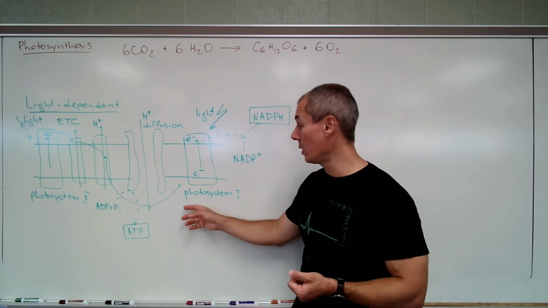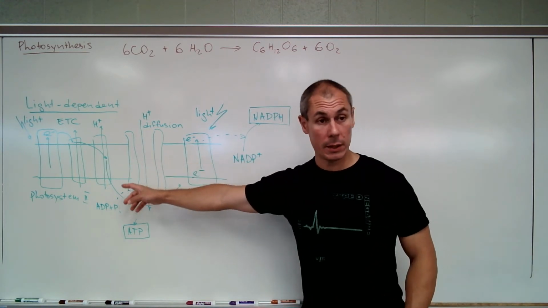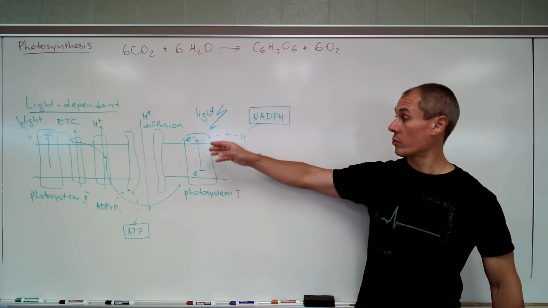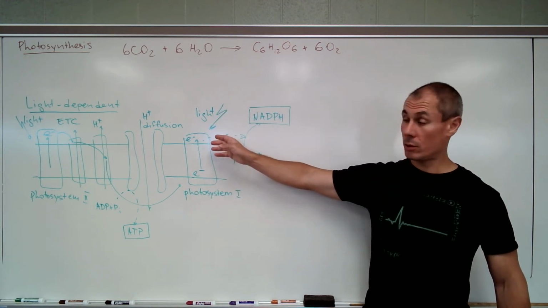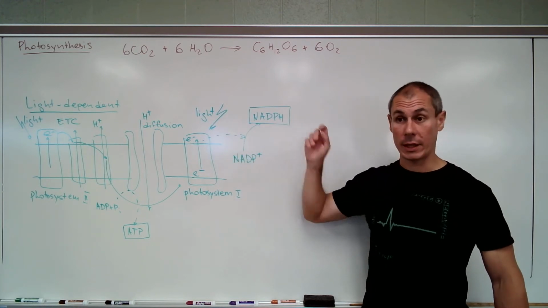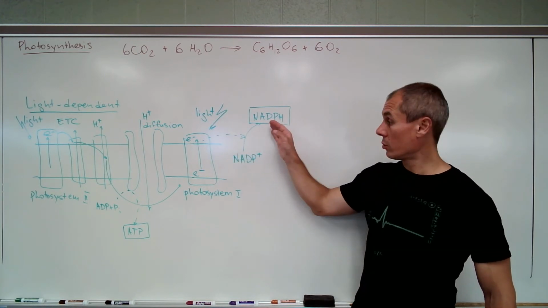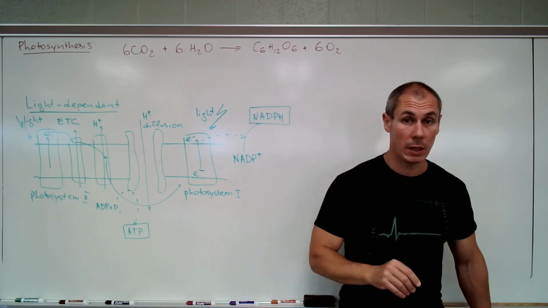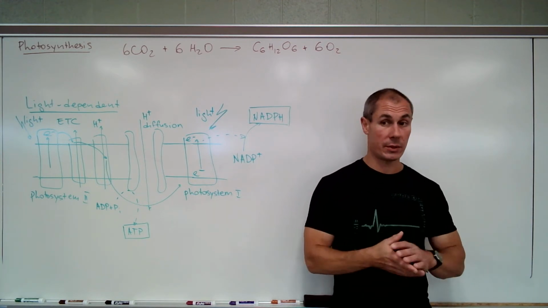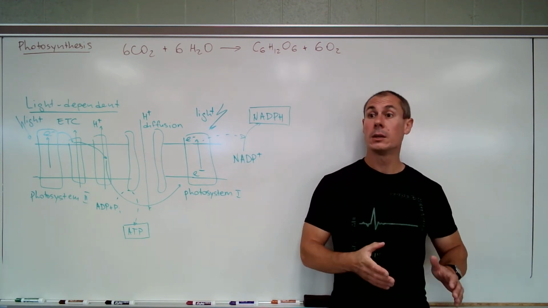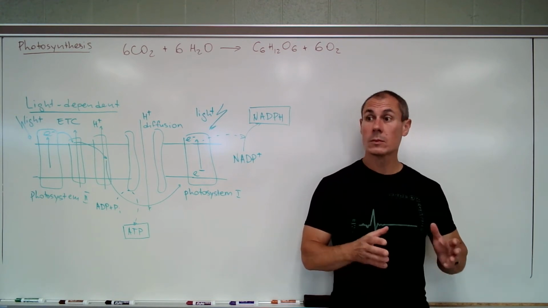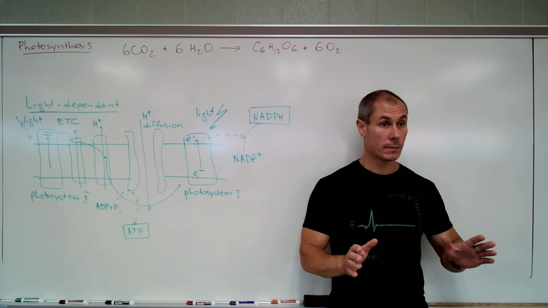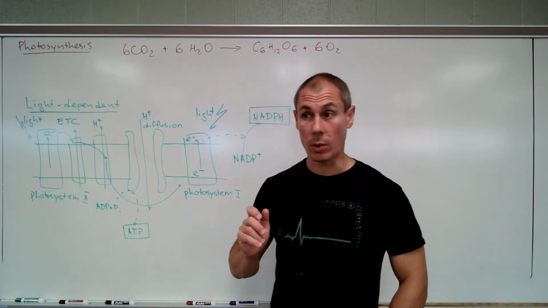In the meantime, this electron ends up at the photosystem 1, where it receives another bout of energy, light energy, gets energized and reduces NADP+ to NADPH. Those are two molecules, ATP and NADPH, that are produced during the photosynthesis. Does that make sense? Good? Questions?